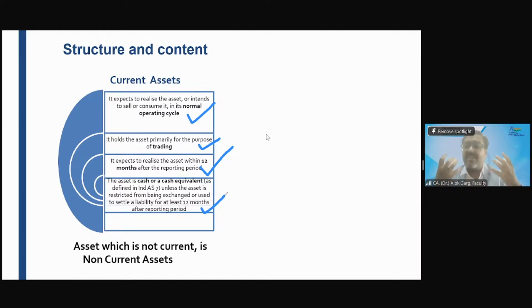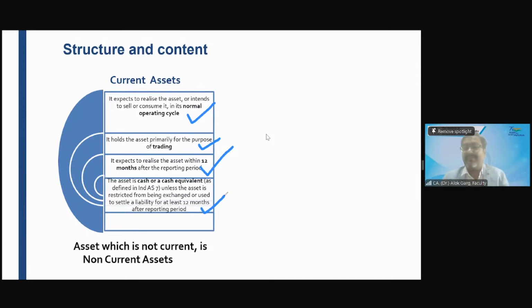It says that cash and cash equivalent are those assets which can be readily converted into cash within a small amount of time, means within 3 months, and that has to be a known amount of cash, a determined amount of cash, and does not have a significant risk of change in value.